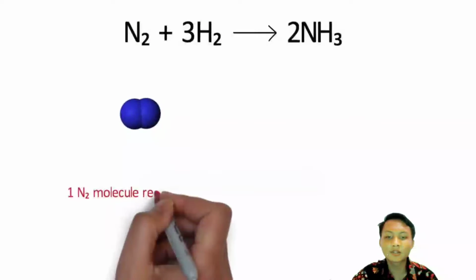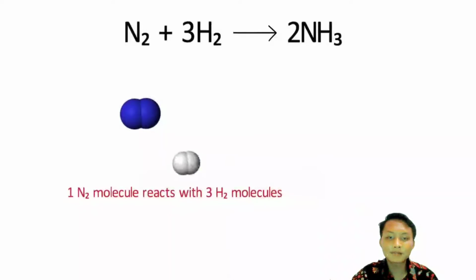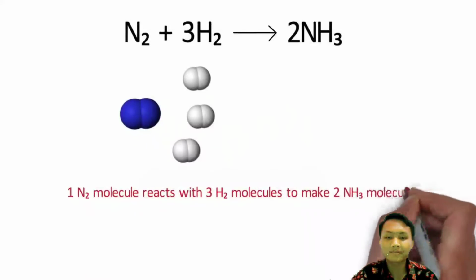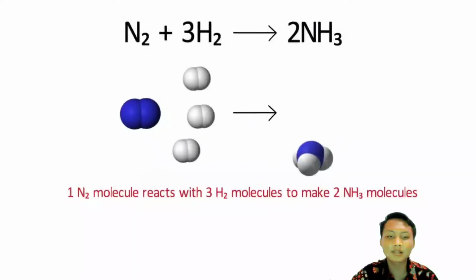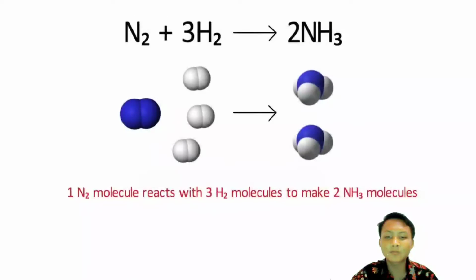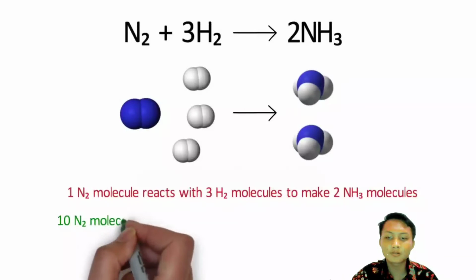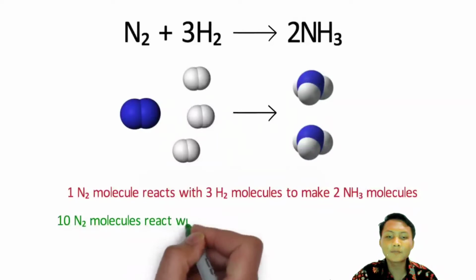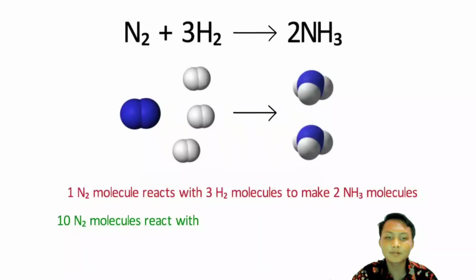So what is it actually telling us? The balanced chemical equation tells us that 1 nitrogen molecule reacts with 3 hydrogen molecules to make 2 ammonia molecules. Well, what if we have more? Let's say 10 nitrogen molecules.